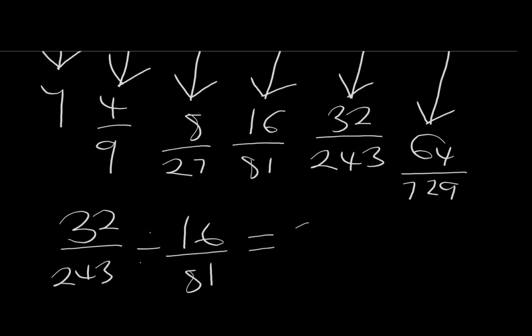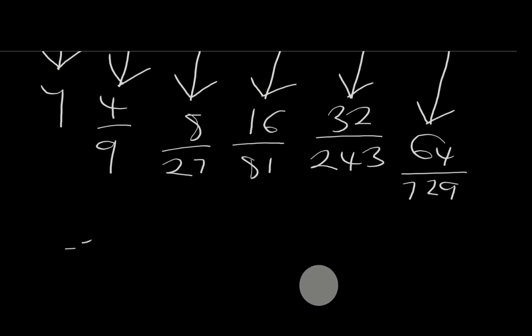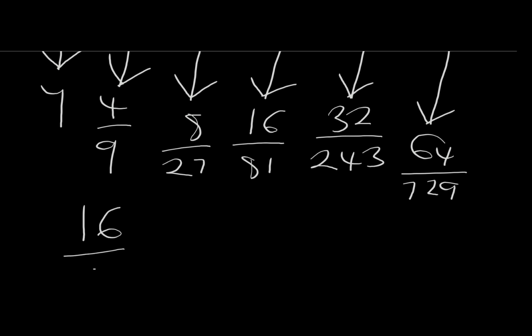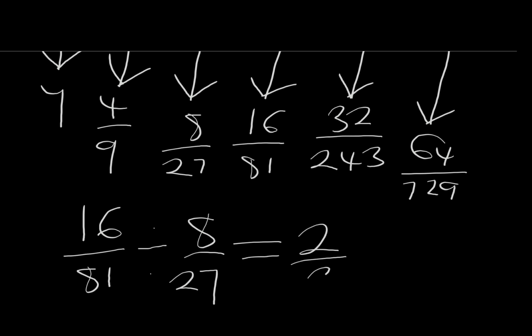And when I do that, I will surely get 2/3. Okay. Let's go to the next one. That will be this number divided by this number. So you have 16 divided by 81, and this is divided by 8 over 27. And when I do that, I will have 2/3 as the answer.